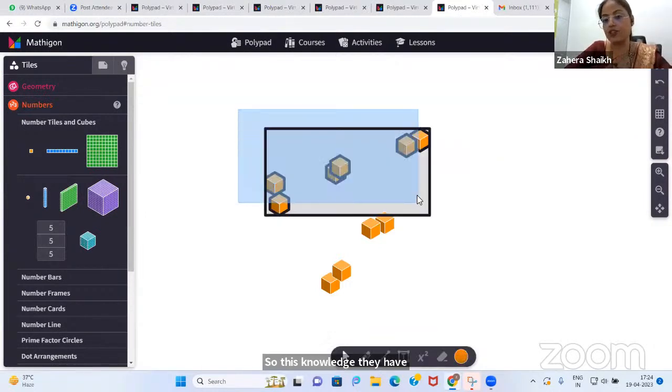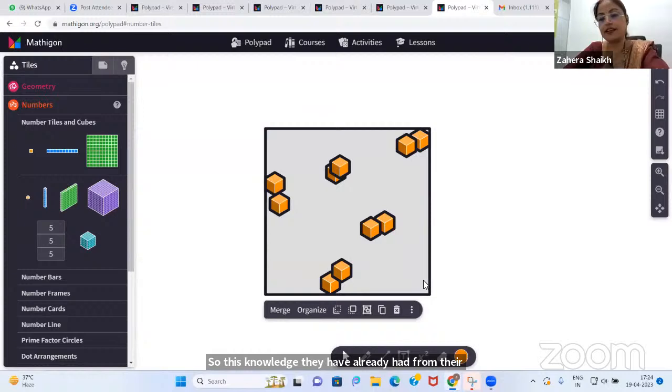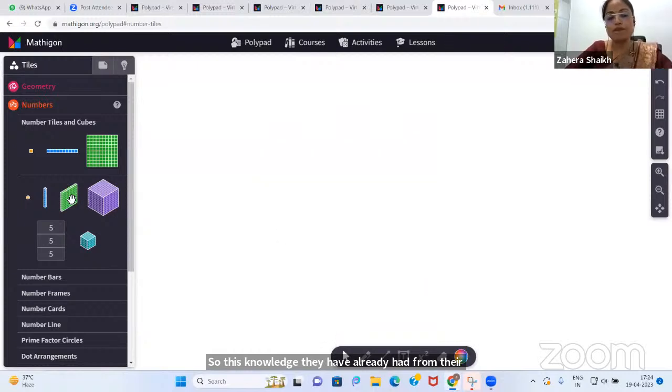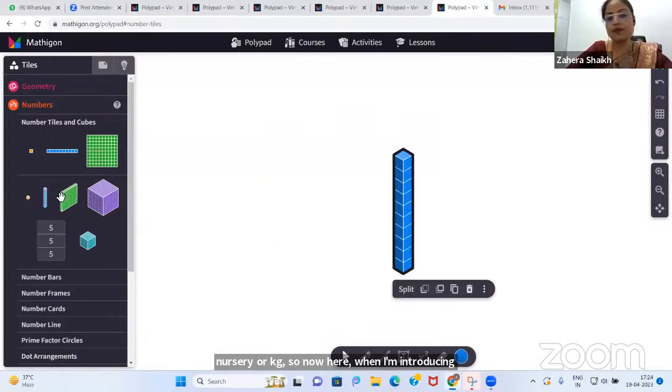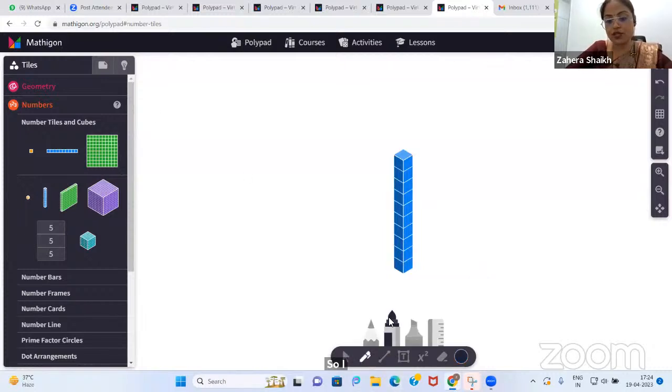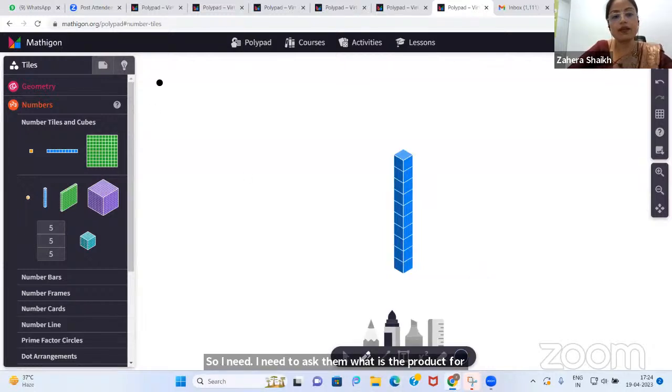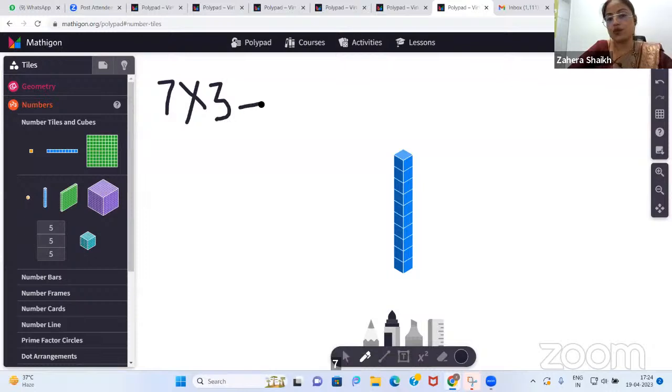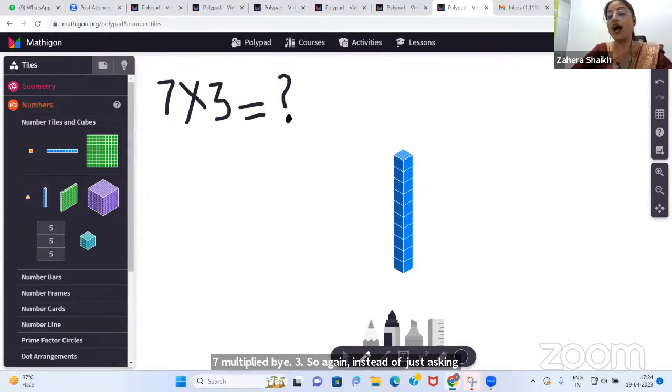So now, when I'm introducing multiplication in grade 2, I need to ask them, what is the product for this number? Suppose I'm just giving them 7 multiplied by 3. Instead of just asking them what is the answer or what is the product, ask them what is the story.